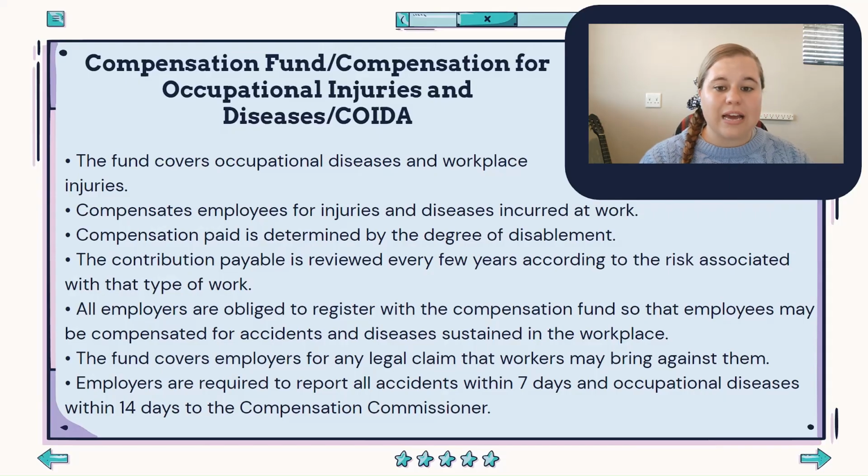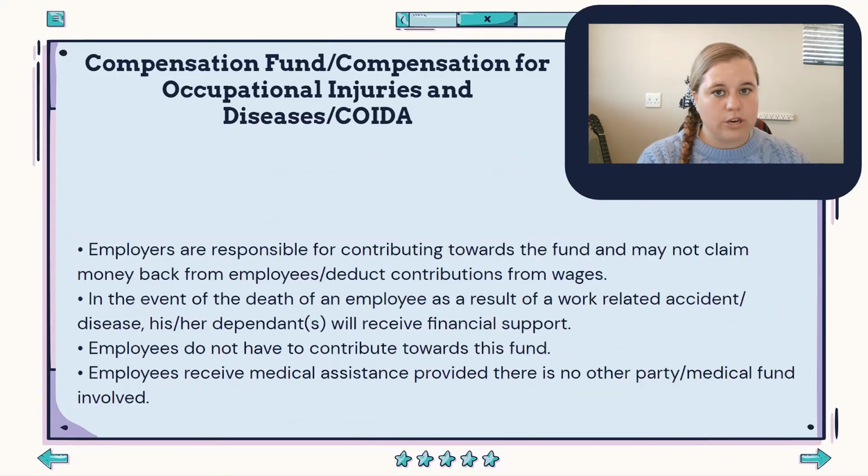The fund covers employers for any legal claim that workers may bring against them. Employers are required to report all accidents within 7 days and occupational diseases within 14 days to the Compensation Commissioner.